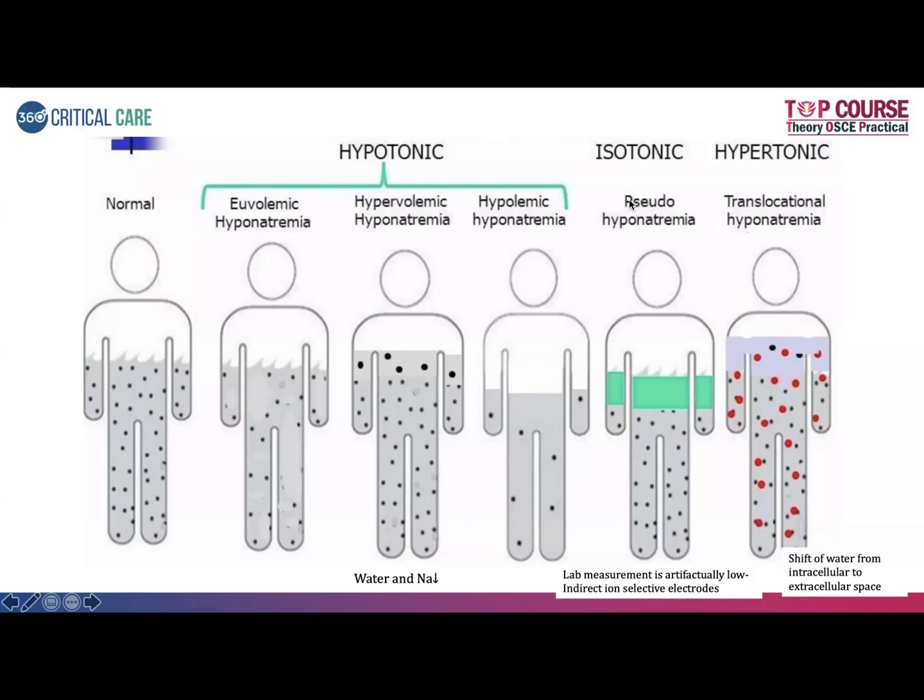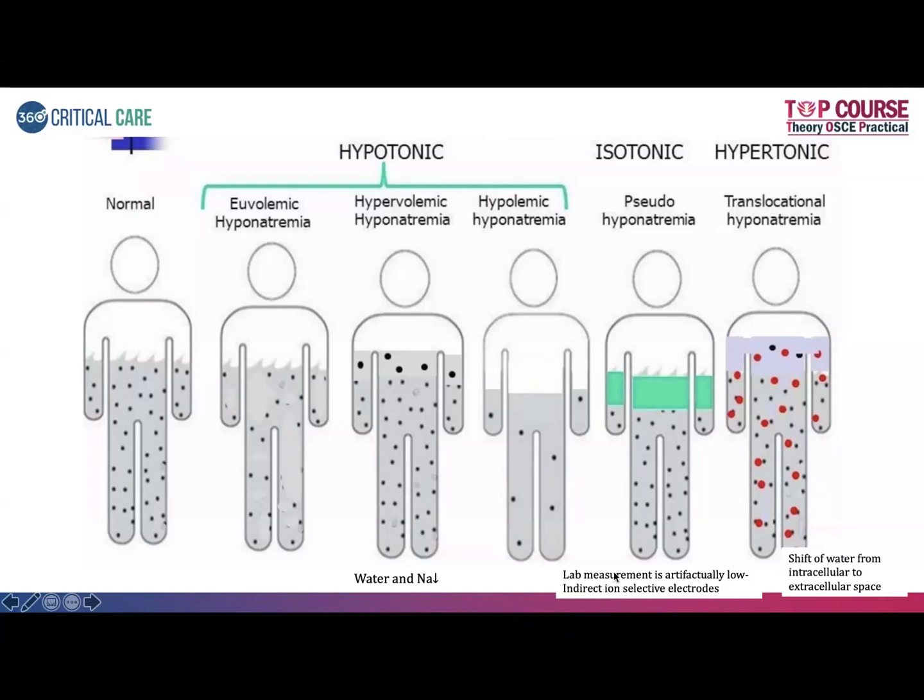level. So what is pseudo-hyponatremia? Pseudo-hyponatremia is due to certain lab measurements which are artificially low because of the presence of certain molecules like paraproteinemias, high lipid triglyceridemias and all that. So what happens is that it measures the value in a wrong manner.